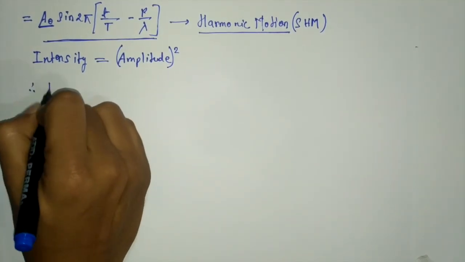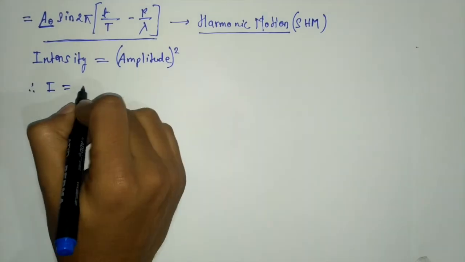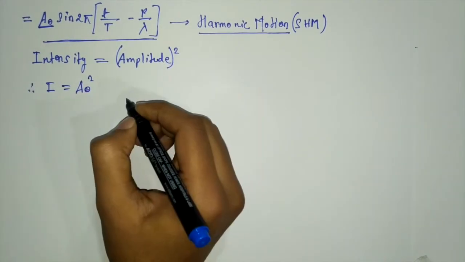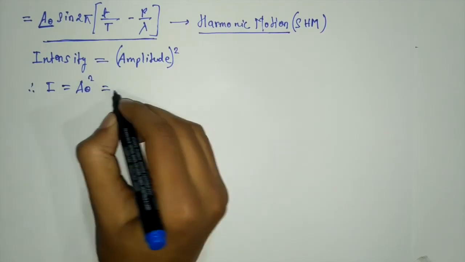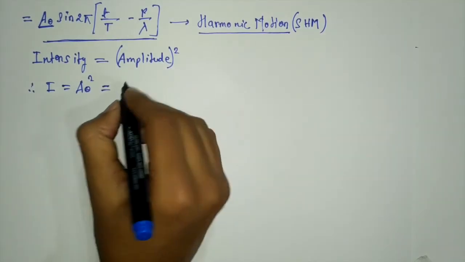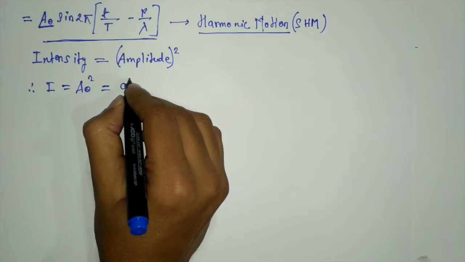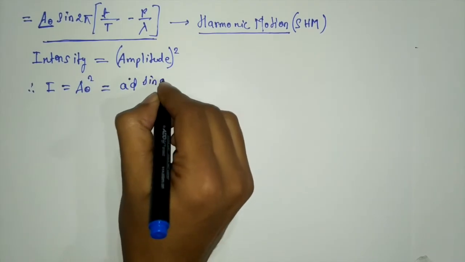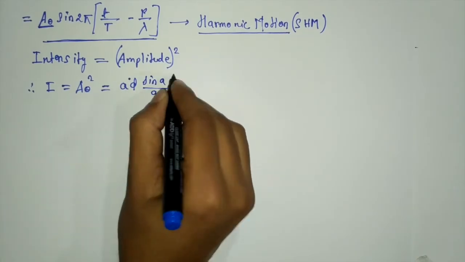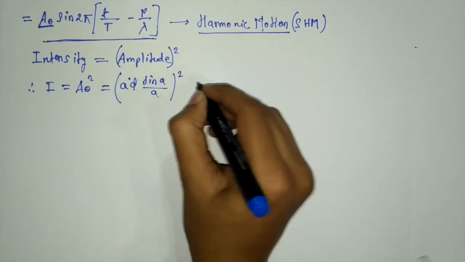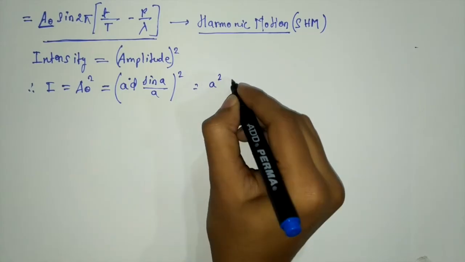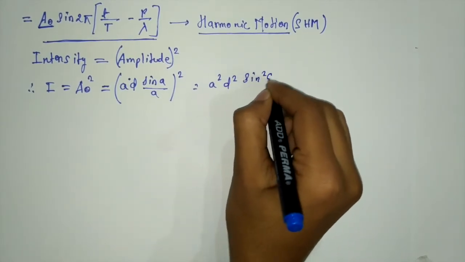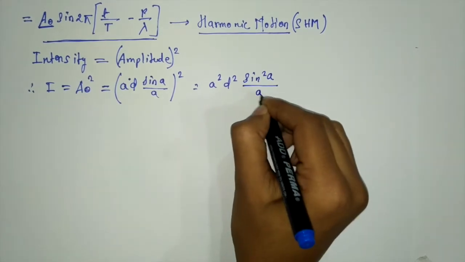Therefore, we can write I equal to A theta square, where the value of A theta that we have concluded before will be A d into sine A by A whole square. That will be equal to A square into d square into sine square A by A square.